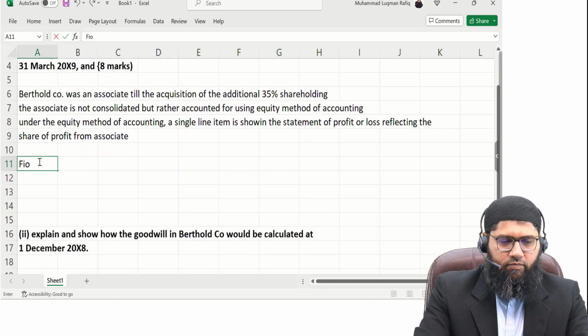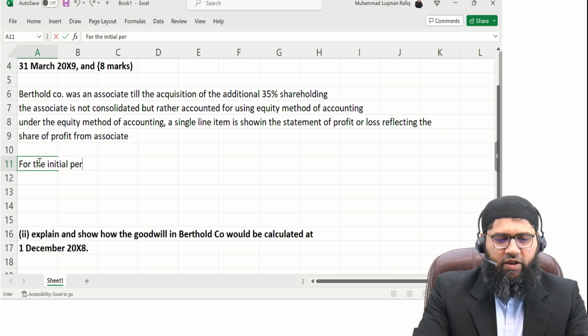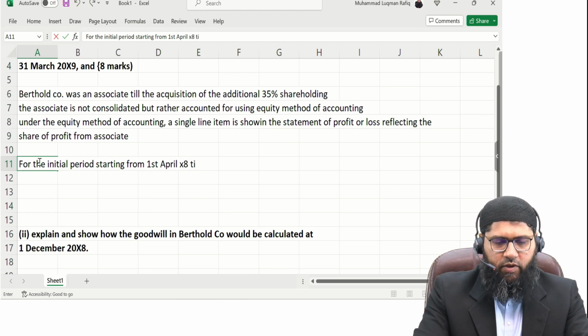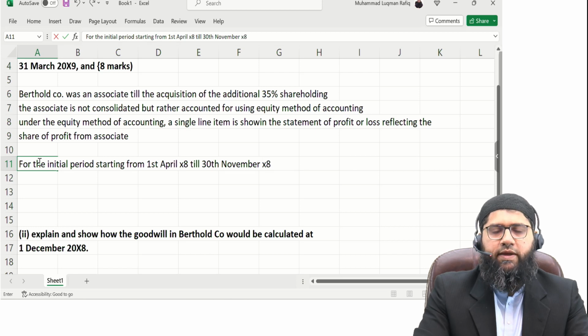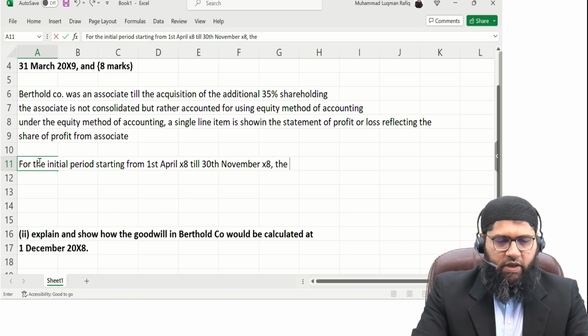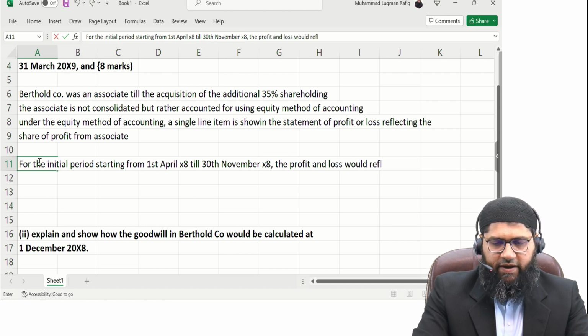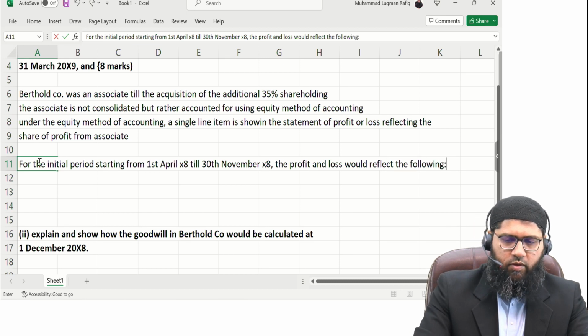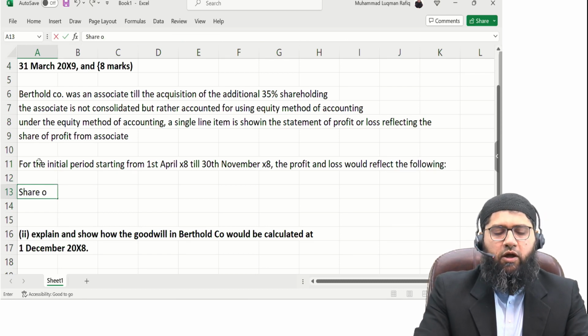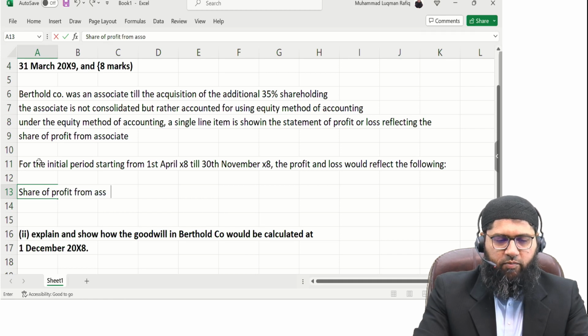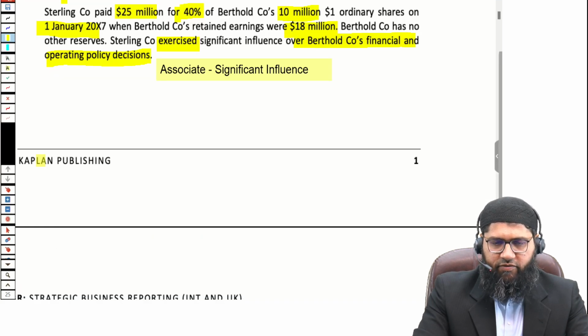For the initial period starting from 1st April X8 till 30th November X8, the profit and loss would reflect the following: share of profit from associate, 11.1 million, right?